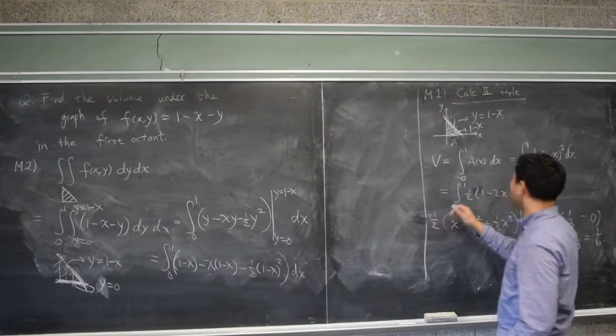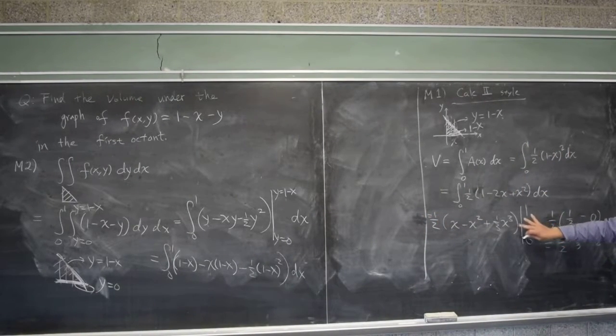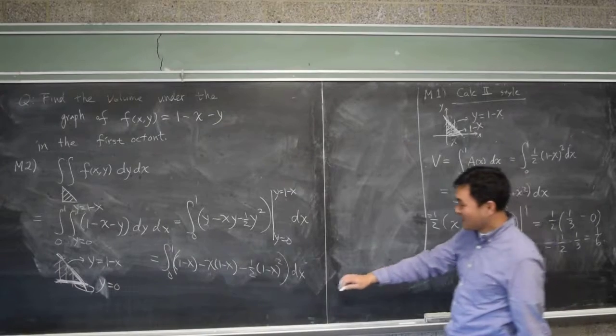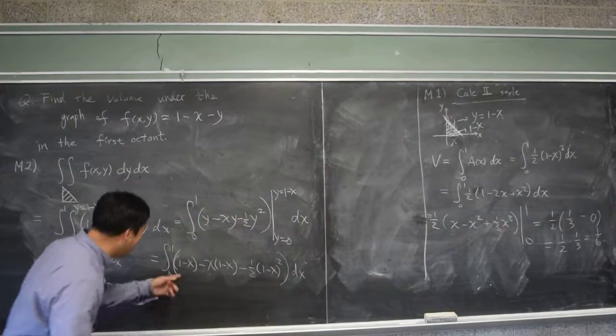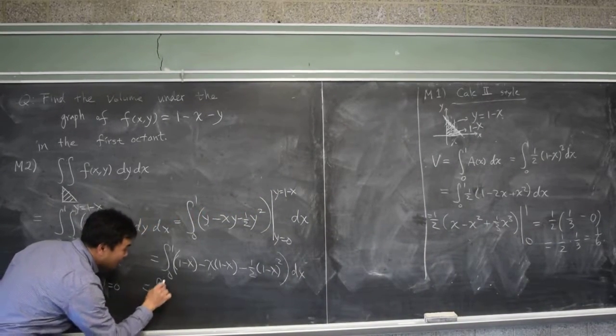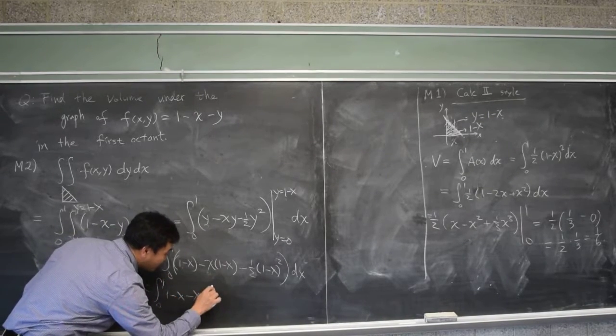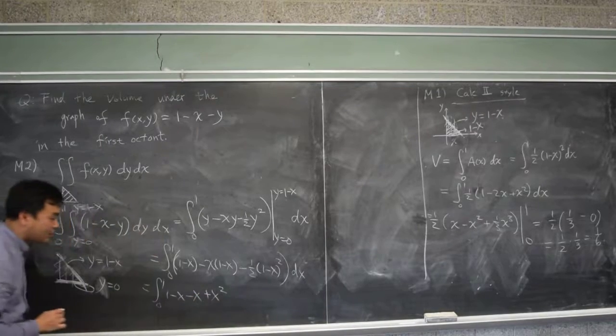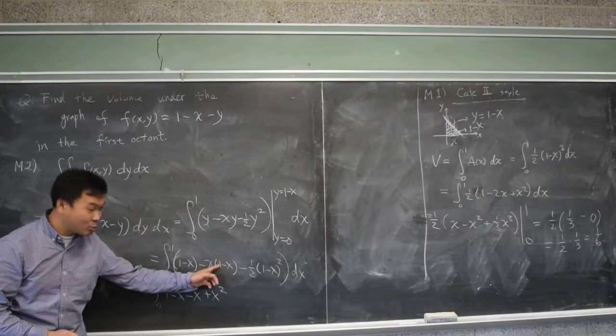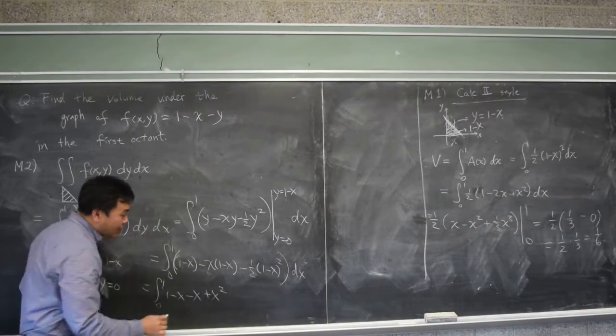I should really erase this, but I want to save this computation to compare, so I don't have much room. Maybe I should just compute here, 0 to 1. So that's 1 minus x minus x squared, no, plus x squared. Is that right? Yes. Yeah, x times 1, x times x, right? And then what about this?